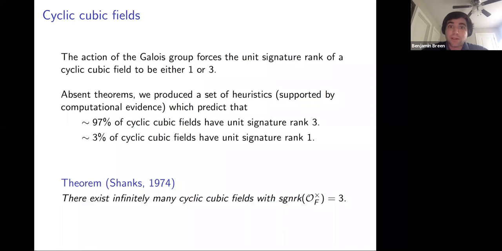But your question can also be asked for an S5 quintic field, and John actually did make heuristics with Dave Dummit in that case. That's very interesting. The reason we're doing this is that there's a fundamental exact sequence in class field theory that links units and unit signatures to ray class groups. That's what we're after at the end of the day: Cohen-Lenstra type heuristics for ray class groups. So yeah, thank you.